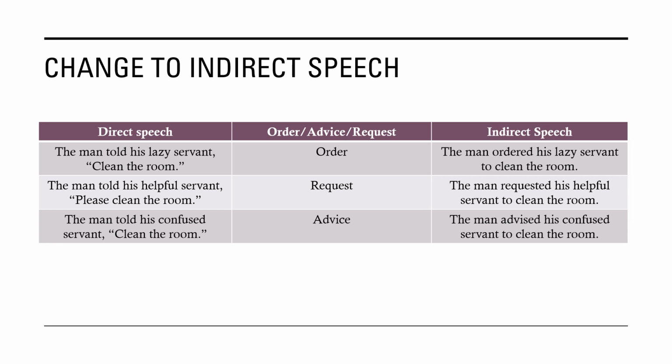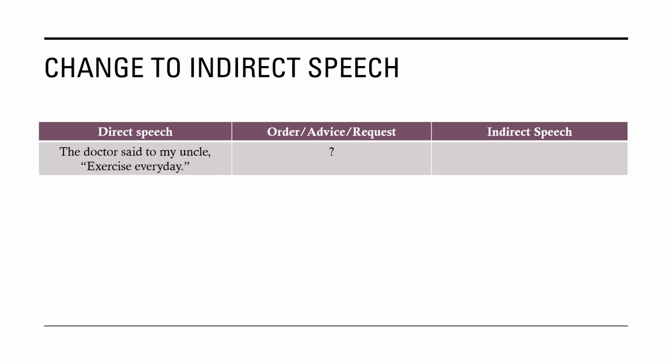We have not used the verb told in the indirect speech. We have changed told to order, request, or advise. So this is how we change a direct speech to indirect speech when it is an order, advice, or request.